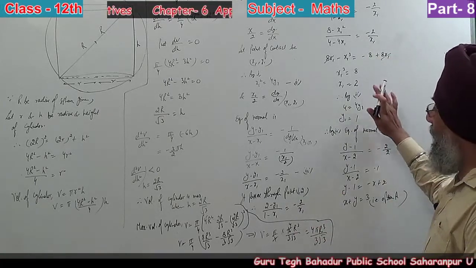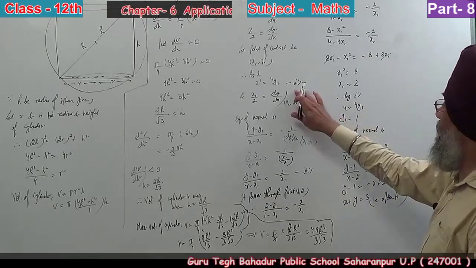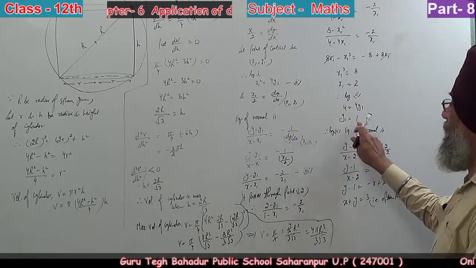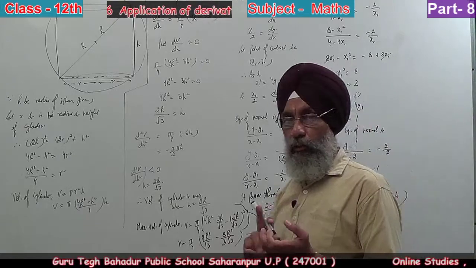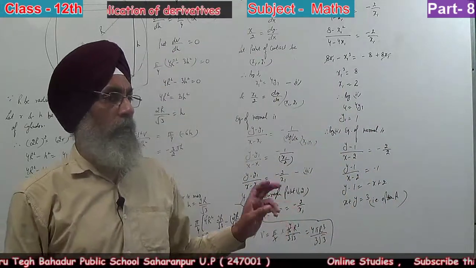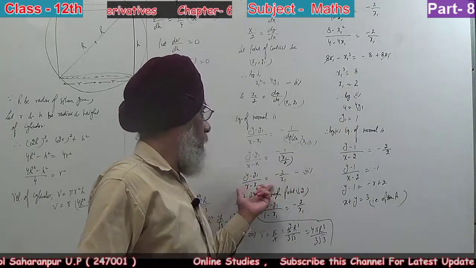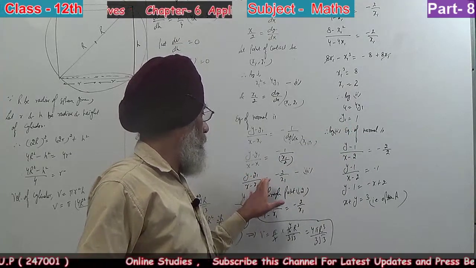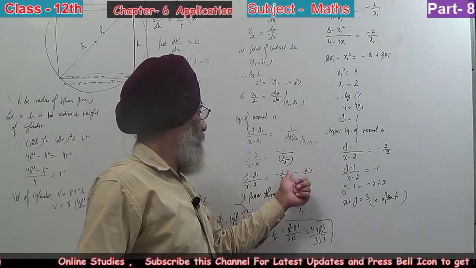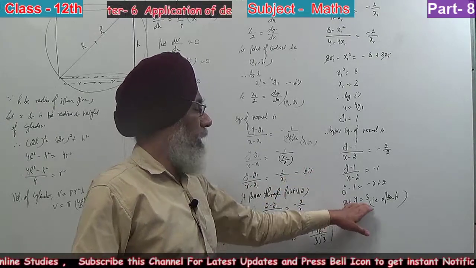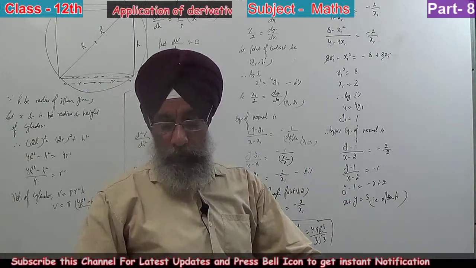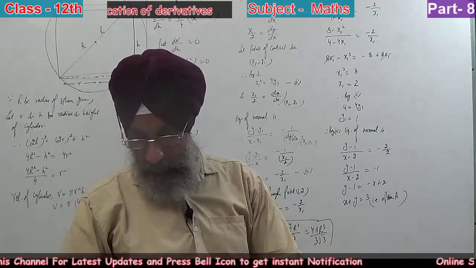Placing the value of x1 as 2 in equation number 2, we get the value of y1 as 1. So, x1 is 2, y1 is 1 is the point of contact. Placing this value in the equation of the normal, it becomes (y minus 1) is equal to minus (x minus 2) upon 2, which means x plus y is equal to 3, which is the first option. So, it means that option A is correct.